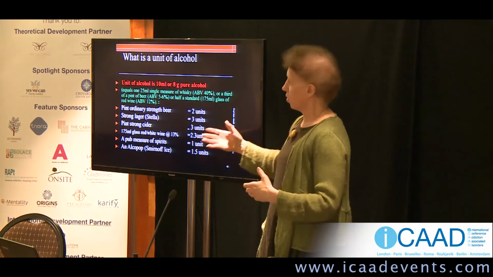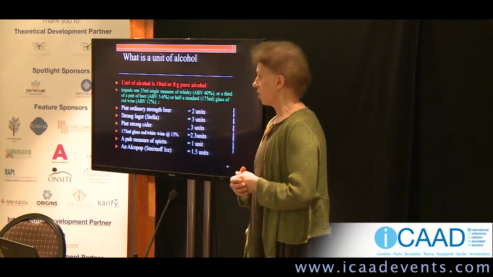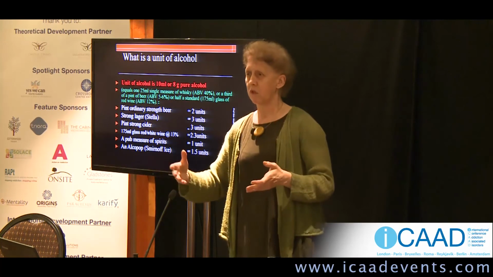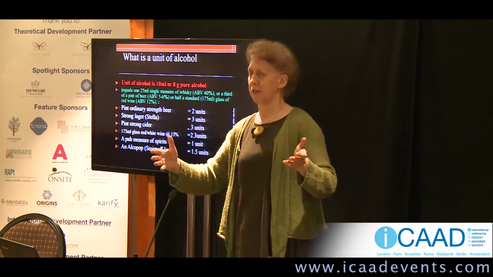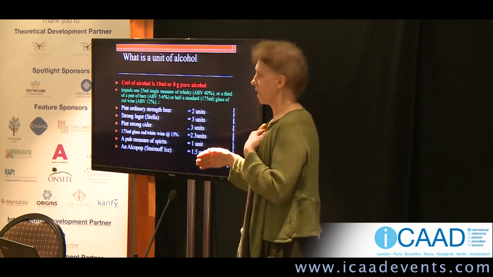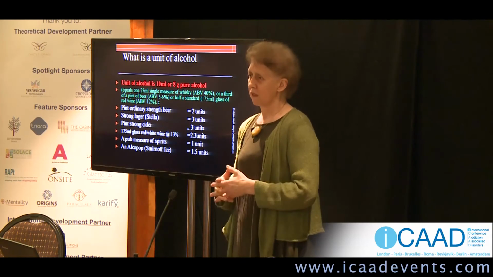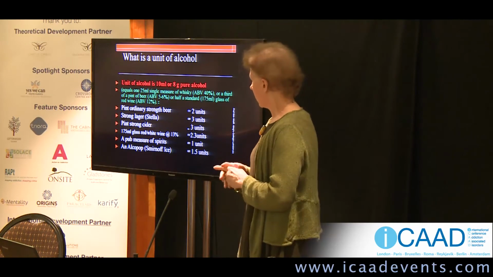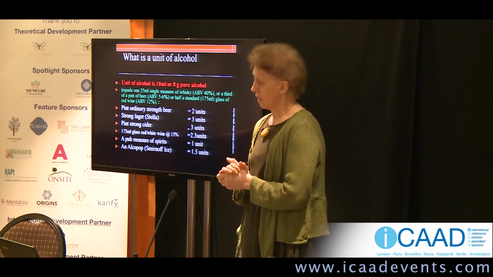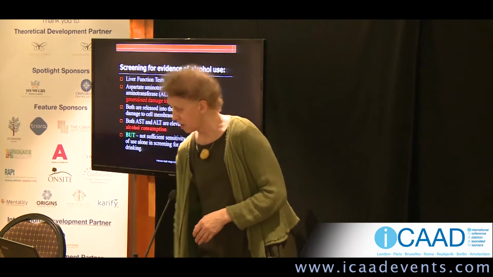If somebody's drinking on a daily basis, or even drinking 2 or 3 times a week, if they're having 4 or 5 pints, or a good bottle of wine, then it's very easy to be drinking over the recommended limits, which are 14 units for men and women equally in the new national alcohol policy. So just bear those in mind when I'm talking about the biomarkers.